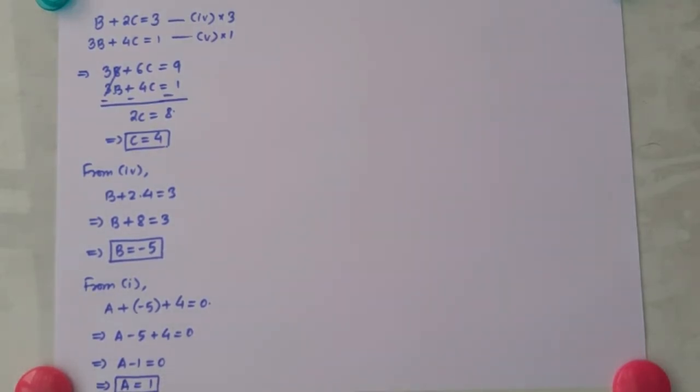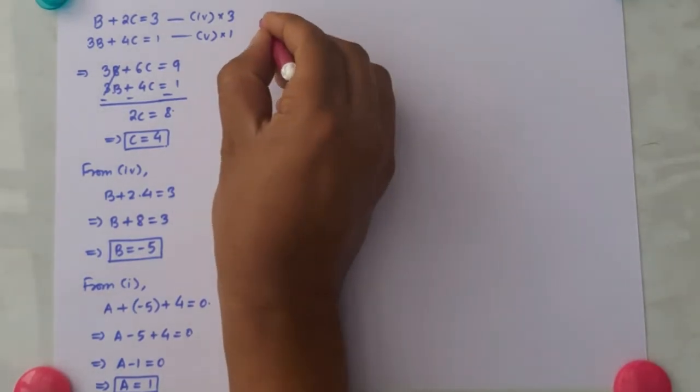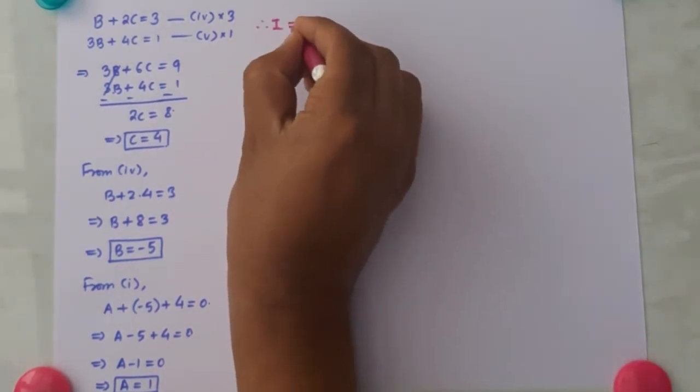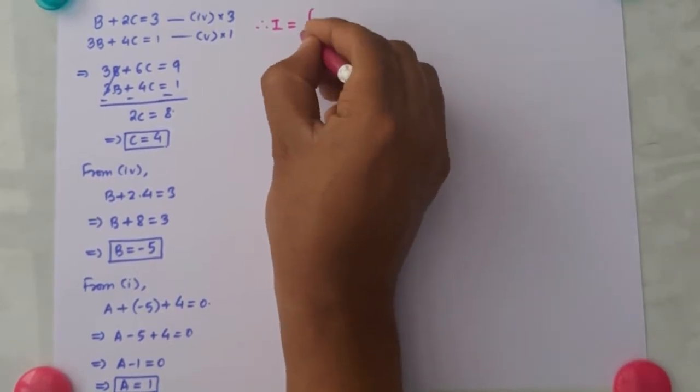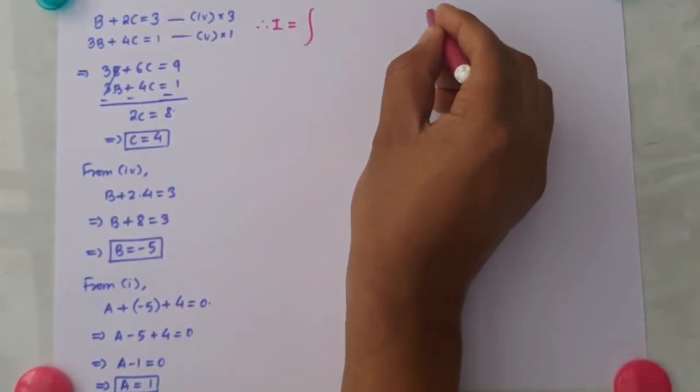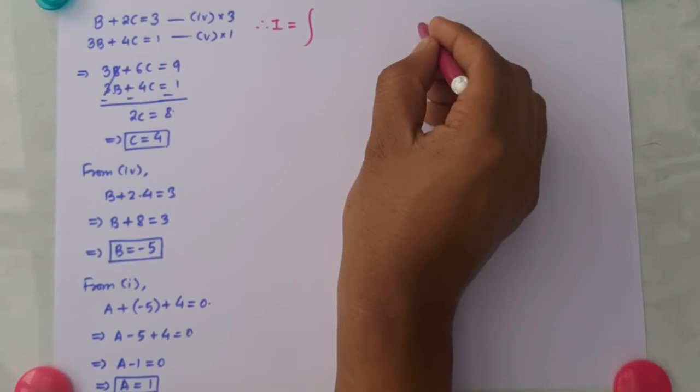Okay, so we got the values of all the unknowns, isn't it? So let's go back to our work. We need to calculate what our integral I is. So integral I turns out to be, you remember, (3x minus 1) divided by (x minus 1)(x minus 2)(x minus 3).